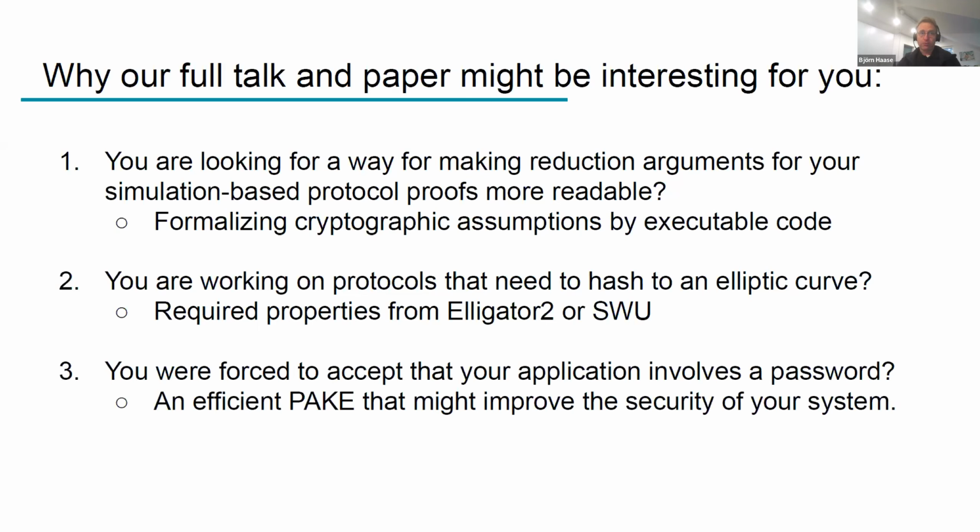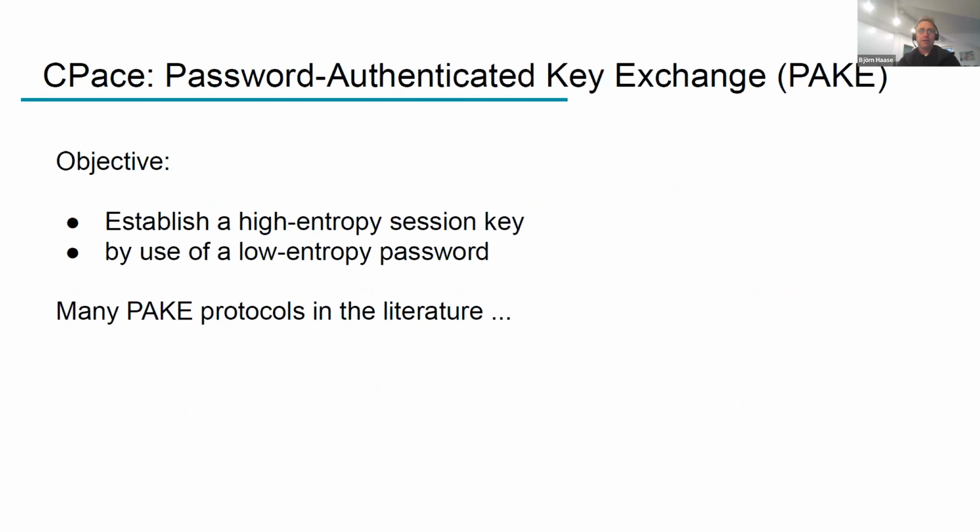And finally, of course, it might happen that you are dealing with an application where you were not able to get rid of the password or a PIN. So an efficient PAKE might improve the security of your system. That might be the third reason. So CPace is about password-authenticated key exchange, or establishing a high-entropy session key by use of a low-entropy password.